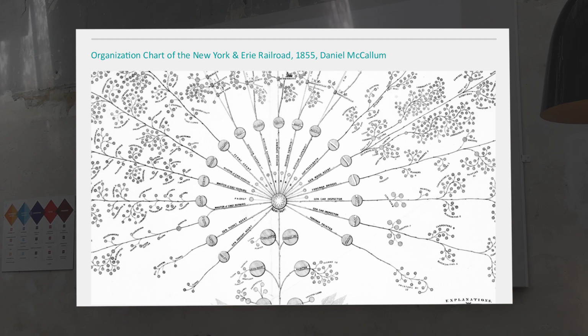So when David McCallum became the general manager of the New York and Erie Railroad, at the time the largest railroad in the United States, he was managing 5,000 employees, which is still a pretty good business, right? Managing 5,000 people. This chart actually shows the position and reporting structure for every single employee.